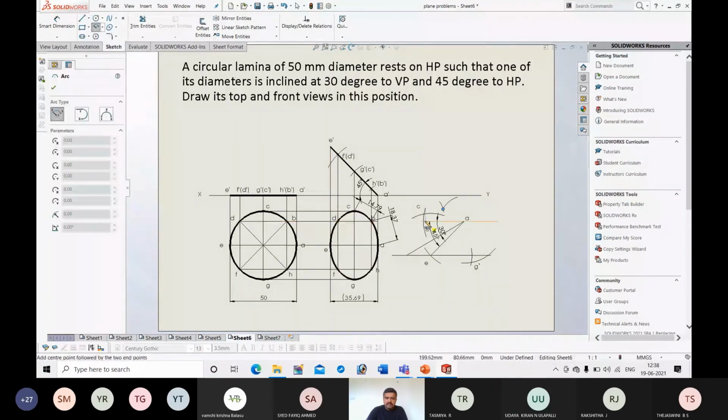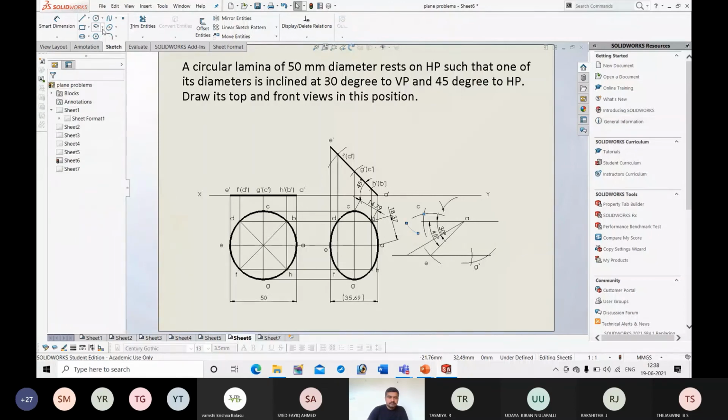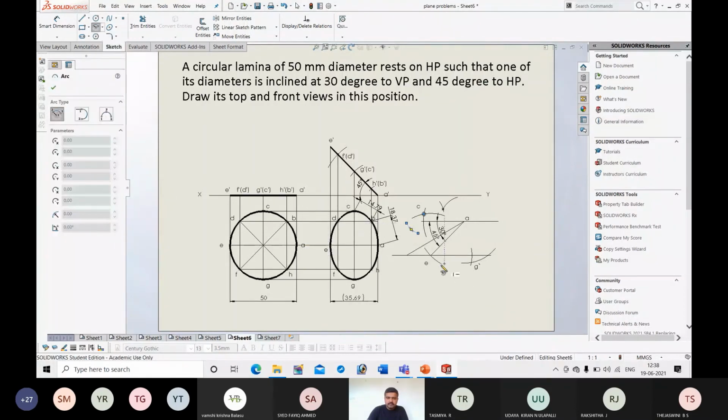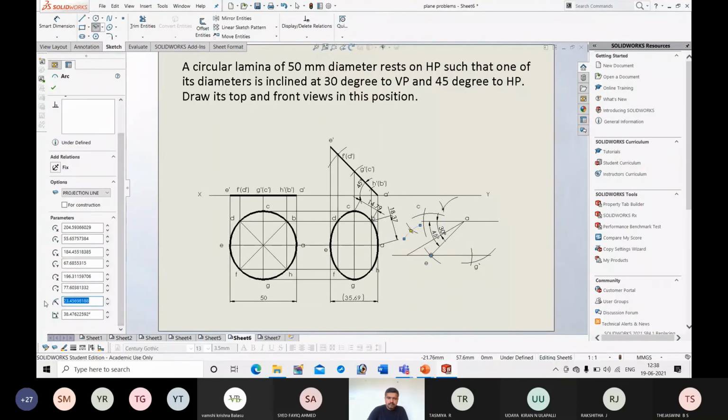From C to D, it is the same, 14.79. Next, from E to D, 18.37.